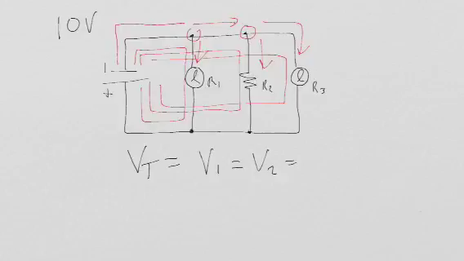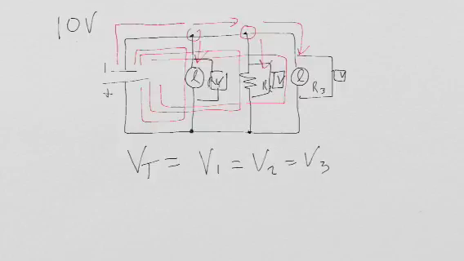What I mean by that is if I take a voltmeter and put it in here and take a reading, I should have the exact same reading as my total voltage. And the same goes for the volt reading that would happen here, and here.